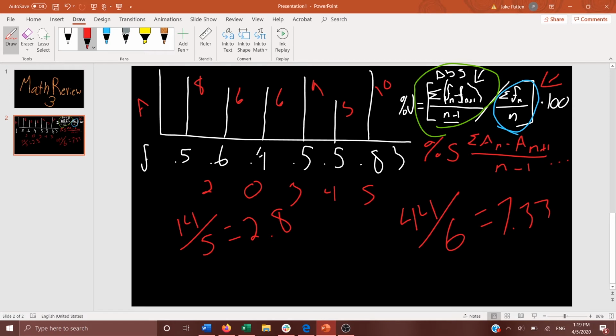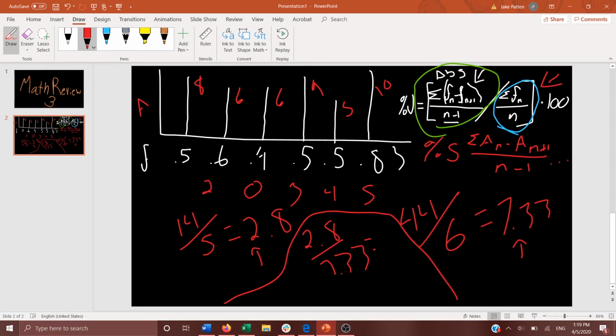Cool. So now what's left is we have to divide this one by this one. 2.8 over 7.33 equals 0.3820.